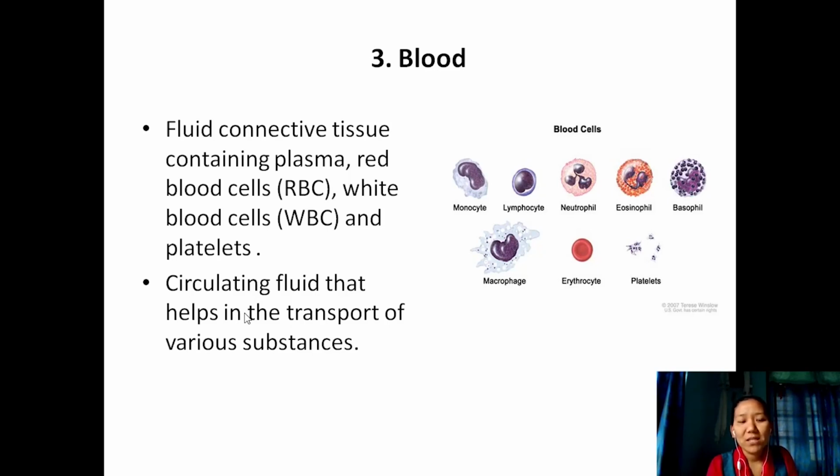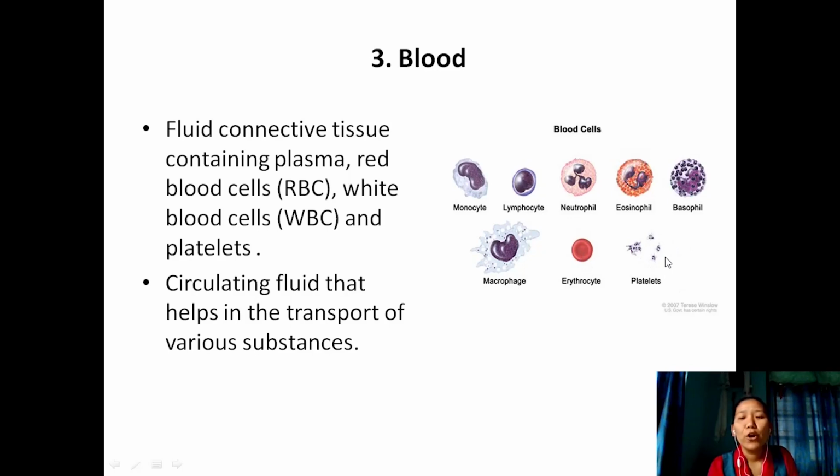Red blood cells help in the transport of oxygen. White blood cells act as a defense. White blood cells are categorized into five groups: monocyte, lymphocyte, neutrophil, eosinophil, and basophil. Then here is a macrophage, which is a WBC, an erythrocyte or red blood cell, and then platelets.